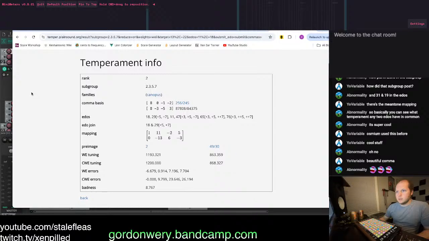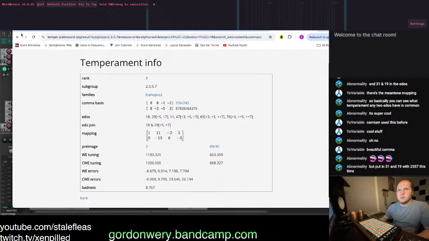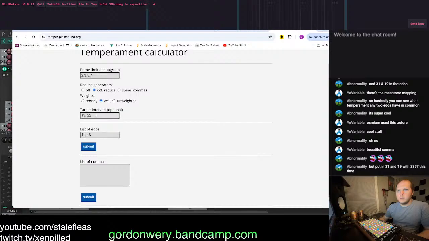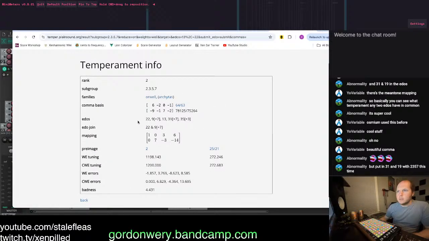It's just mapping these. What? Oh, I put in the wrong one. Okay. That's why it looked weird. I see. It's just a reduced mapping.